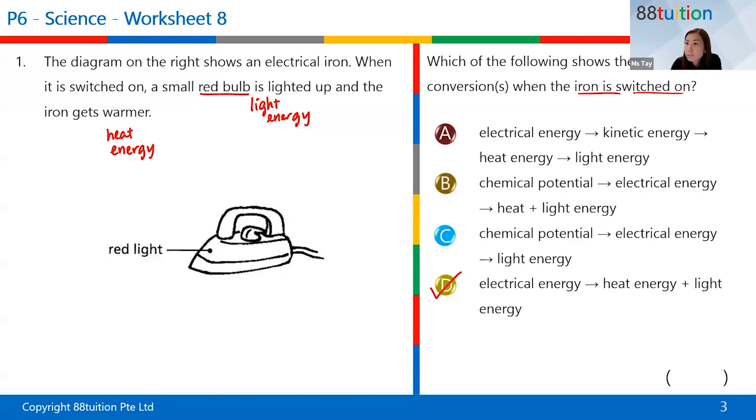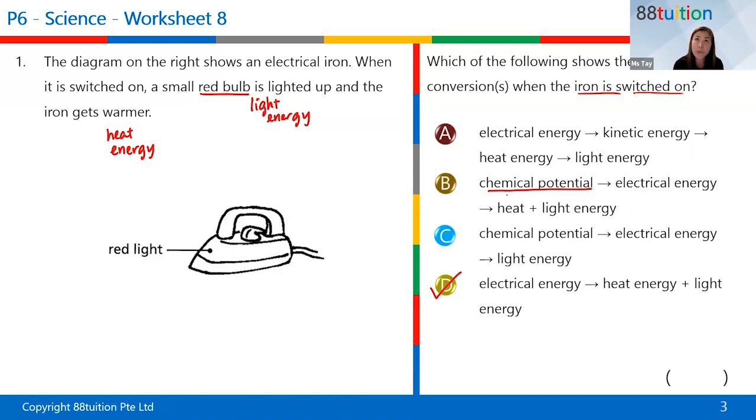Okay, Natalie, don't worry. We'll go through this and I'll explain to you why we cannot say that it is chemical potential energy. Evan said, why? Okay, Evan, when we list this as chemical potential energy, what did you learn about chemical potential energy?